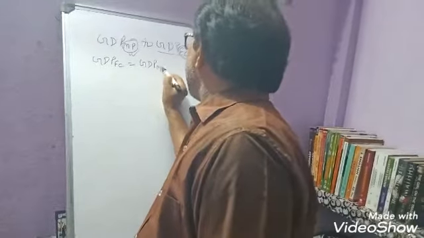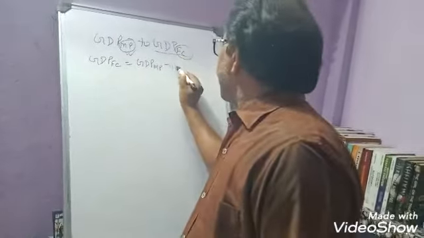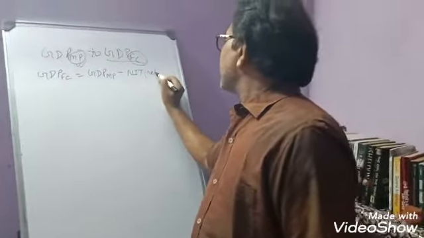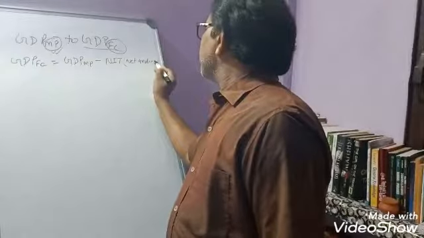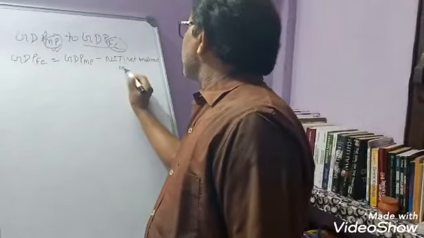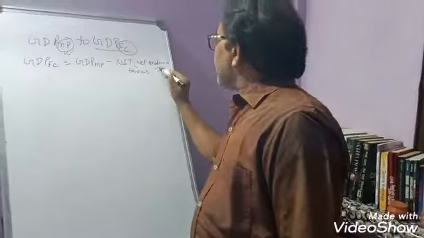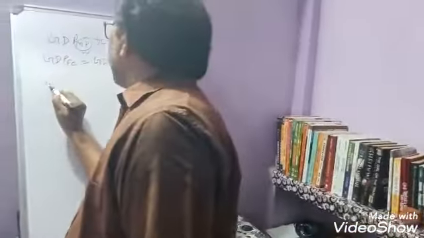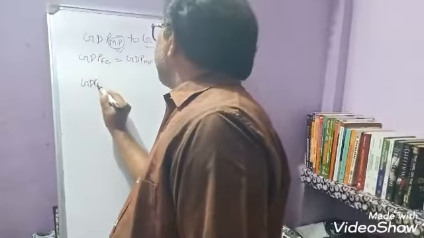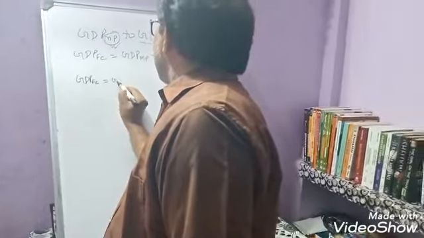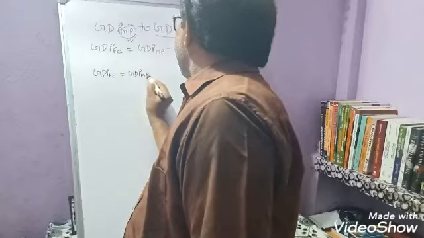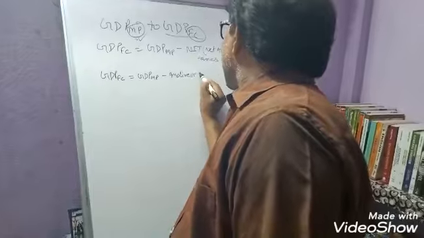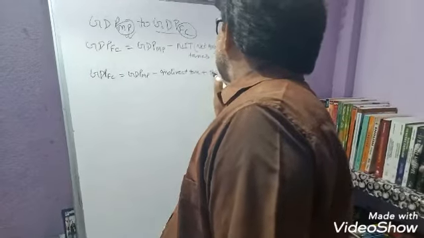So how will we calculate the GDP FC? GDP FC is equal to GDP MP minus NIT, net indirect taxes. Or if net indirect tax is not given, in that case we will write GDP FC is equal to GDP MP minus indirect tax plus subsidies.